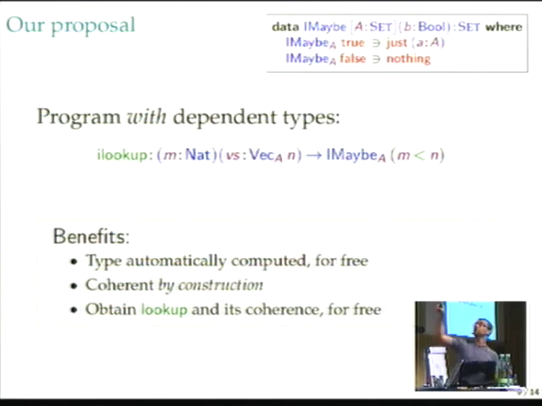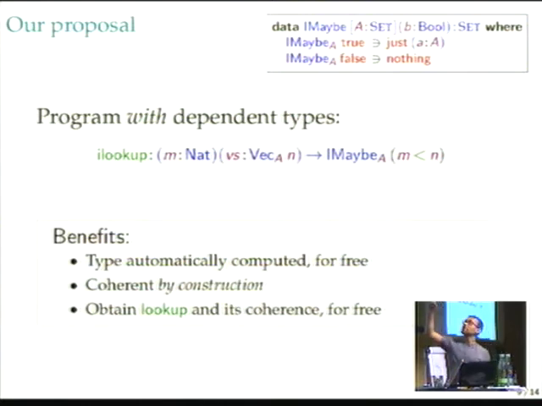And actually, in this case and in all the cases in our system, from that function you can extract both the lookup function and its coherence proof. So it would be useless to write lookup and its coherence proof on the side; from that function, we can extract for you the lookup function and its coherence proof.